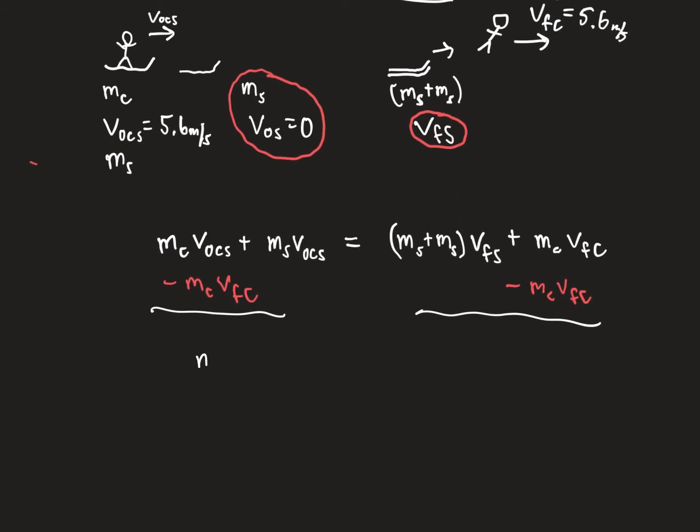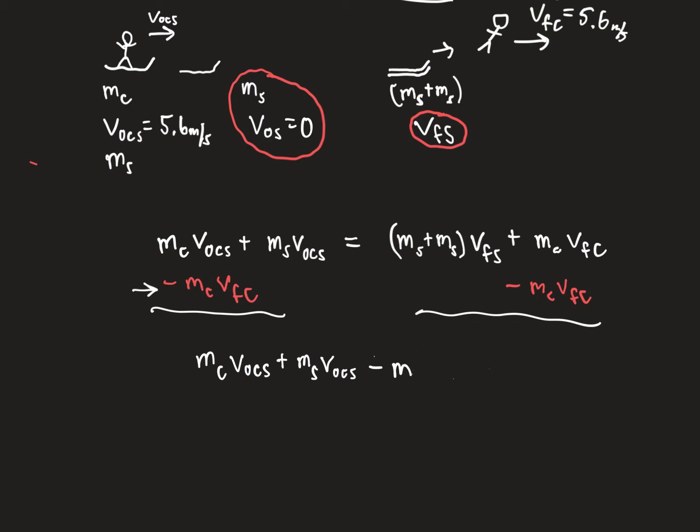So I have mass child times V initial child and sled plus mass sled times V initial child and sled equals M sled plus M sled, it's 2 mass of the sled times V final of the sled. Make sure that we subtract this.